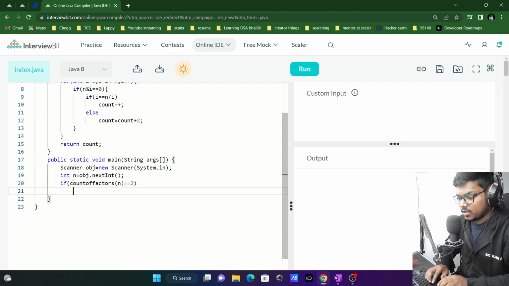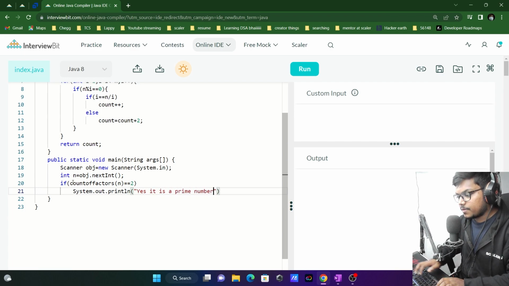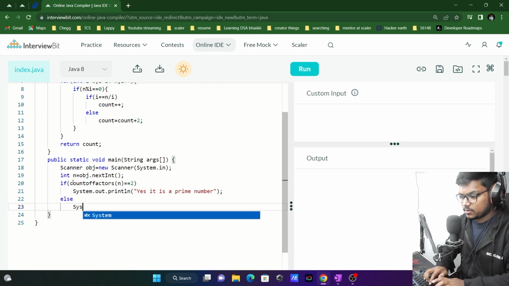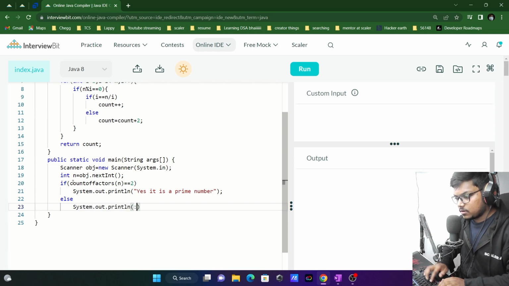Then I simply do system.out.println, yes, it is a prime number. If it is not equal to 2, then system.out.println, no, it is not a prime number.